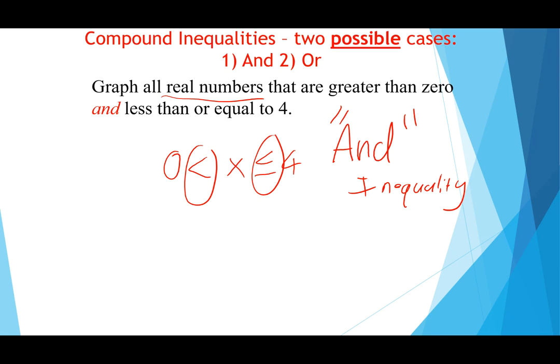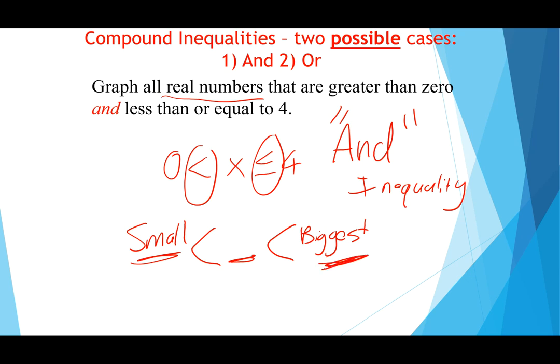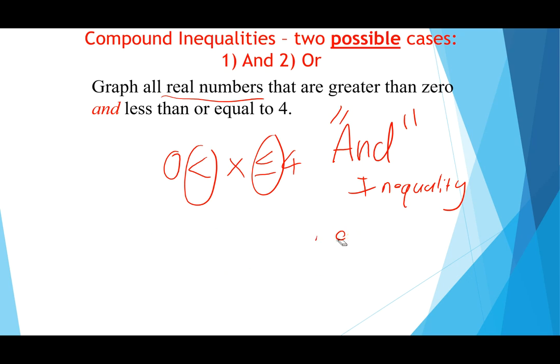But in standard form, they should always be pointing in the direction they're currently pointing, where you're starting with the smallest number on the left and the biggest number on the right. And it only makes sense, right? Small is going to be smaller than this, and big is going to be bigger than this. So it should always go from the small to the biggest with the signs pointing in that direction. For and inequalities, that is.